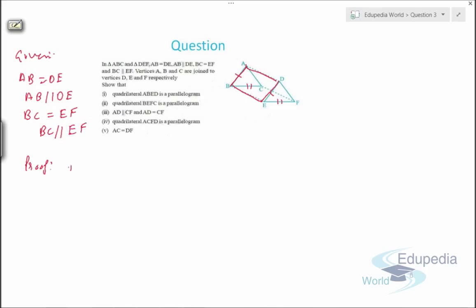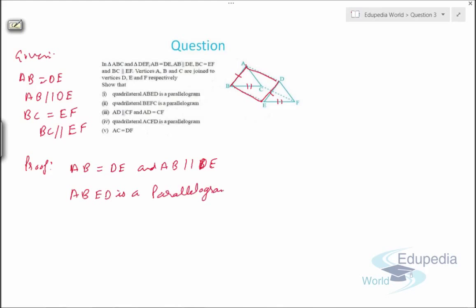First we need to prove quadrilateral ABED is a parallelogram. If in a quadrilateral one pair of opposite sides are equal and parallel, it's a parallelogram. Now, it's given AB equals DE and AB is parallel to DE. So we can say that ABED is a parallelogram.